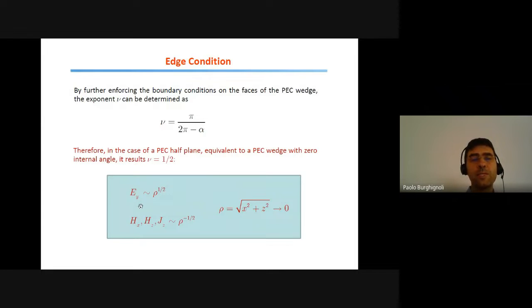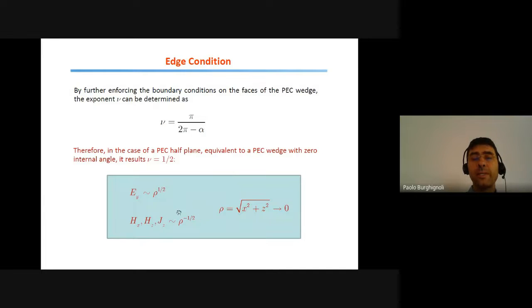So we can say that E_y goes asymptotically in the vicinity of the edge as rho to 1/2, whereas the magnetic field components and also the surface current density, which is related to the magnetic field, they all go as rho to minus 1/2, so that they are actually singular in the vicinity of the edge, because they go to infinity.